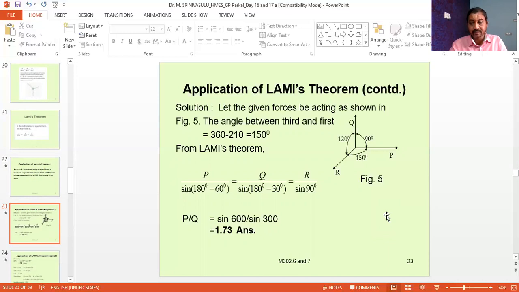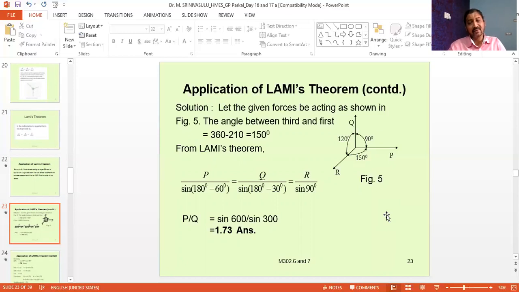And as per the data given in the problem, the angle between the first two forces, that is, the angle between P and Q, is 90 degrees, and the angle between the second and third forces, that is Q and R, is 120 degrees.